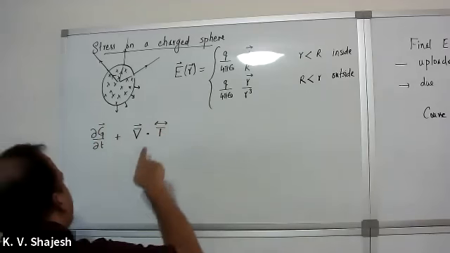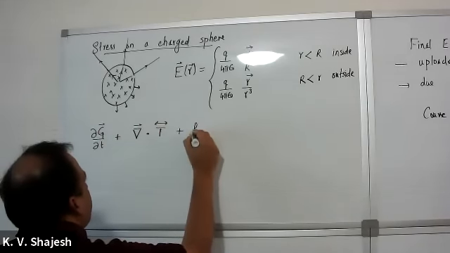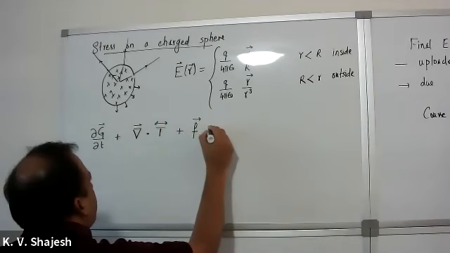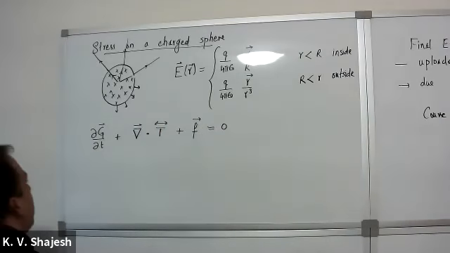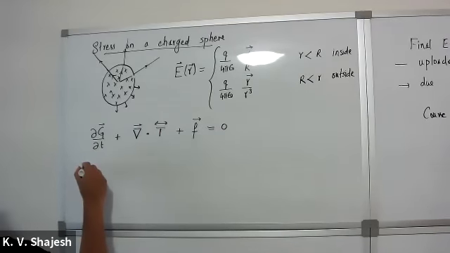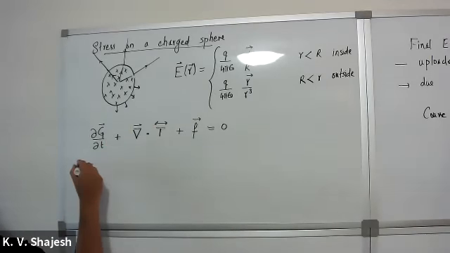That's a stress tensor, that's a momentum density, and that is a force density. What are these quantities equal to? First, let me write the flux of momentum, or the stress tensor.